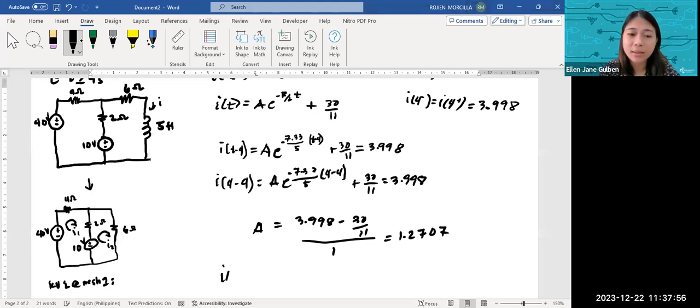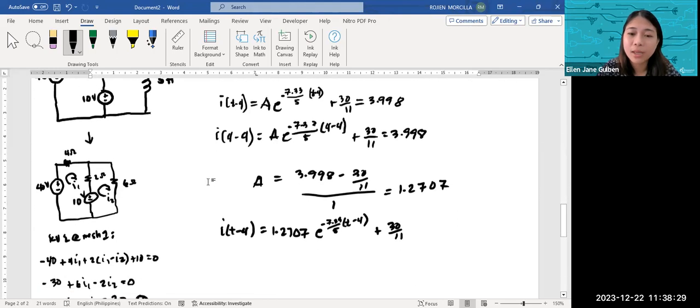So I at t minus 4 is equal to 1.2707 e to the negative 7.33 over 5 t minus 4 plus 30 over 11. So yeah, this is it. This is the answer.